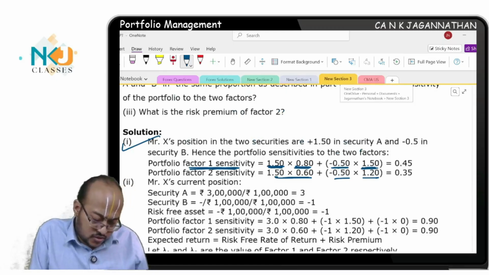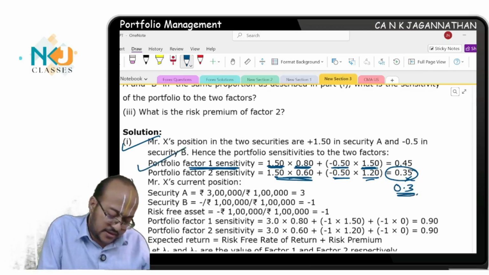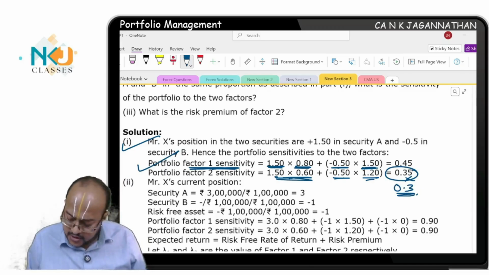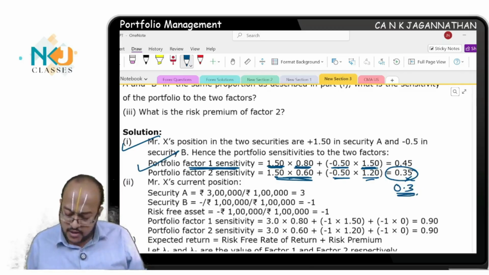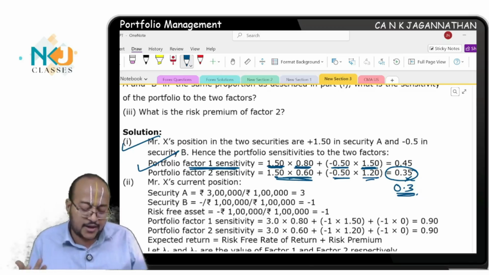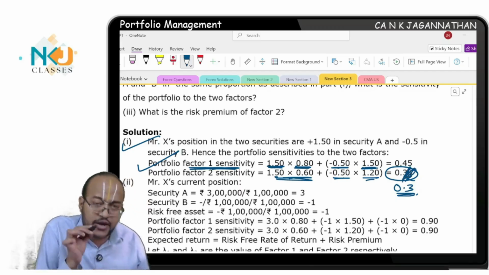There is an error, I think. See the calculation mistake. 1.5 into 0.6, how much are we getting? 0.9. Minus 0.6, so 0.9 minus 0.6 is 0.3. Okay, there is a mistake, no issue, the answer should be 0.3. Are you all understanding? This is how you will get it.